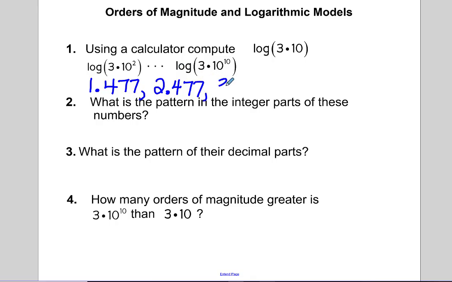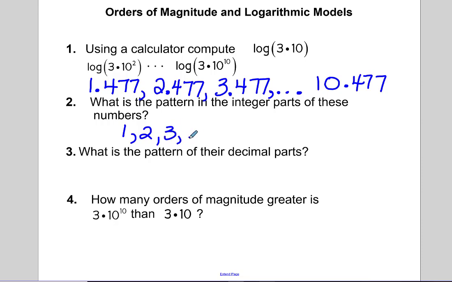And so on and so forth, 3.477, all the way up to 3 times 10 to the 10th power, that's 10.477. You see the pattern in the integer parts, how it's going from 1 to 2 to 3, and so on and so forth, all the way up to 10.